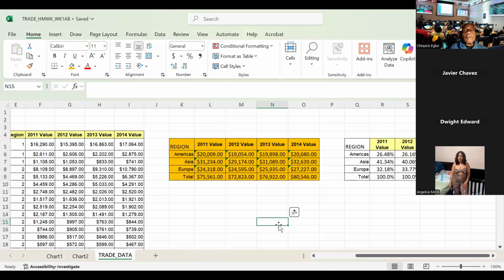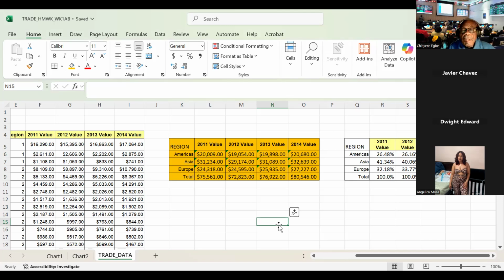You can use that table to say, in 2011, the Americas did more trade, in fact, the least trade with the United States. Okay, because they did $20 billion worth of trade compared to the Asians that did $31 billion worth of trade.